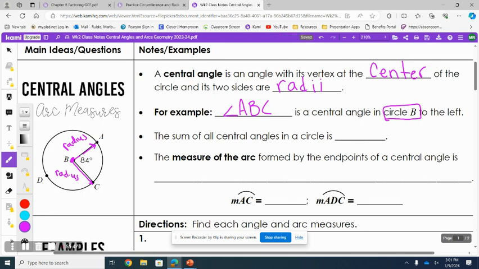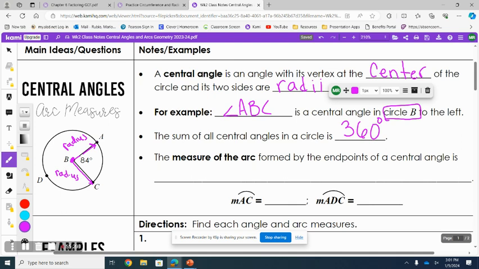And if you add up all the angles inside of a circle, what is the number of degrees inside of a circle? That one we should know. How many degrees in a circle? 360 degrees. Okay? There's 360 degrees inside of a circle.